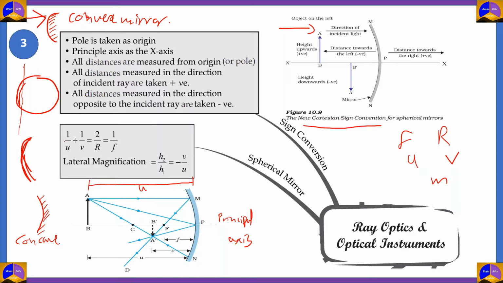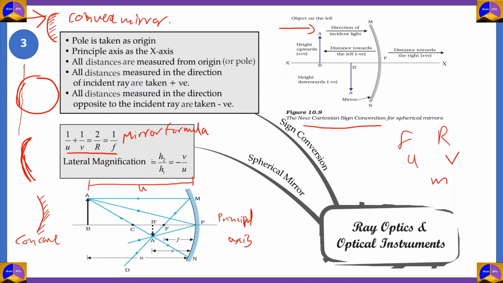So after deriving some equations, we arrive at the final equation called the mirror formula. This is the mirror formula. It states that the reciprocal of focal length is equal to the sum of the reciprocals of image distance and object distance. So basically 1/f = 1/v + 1/u.